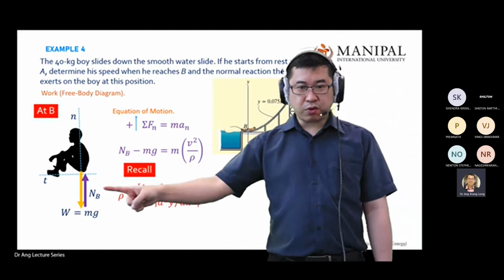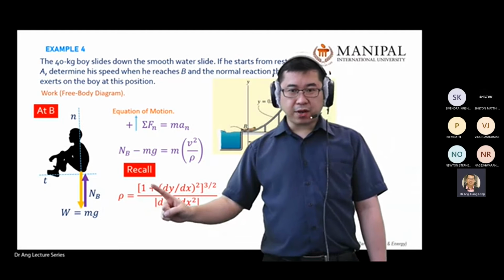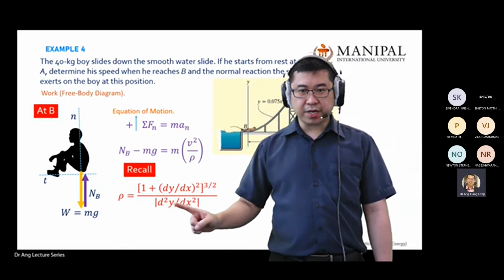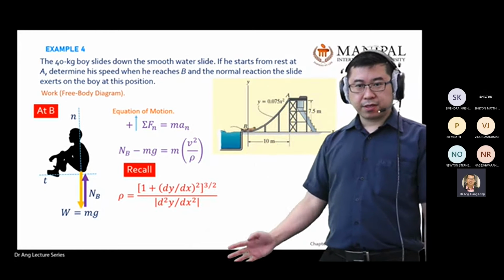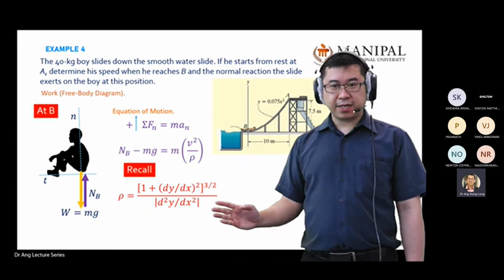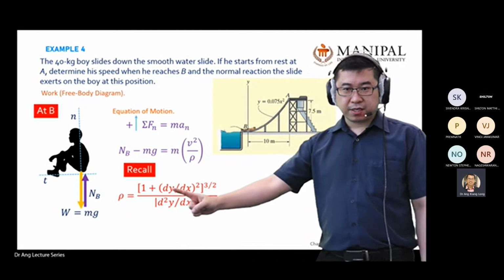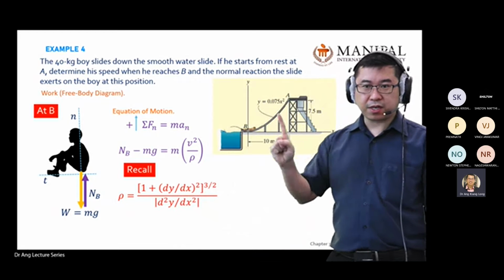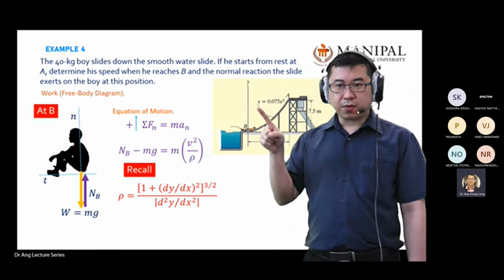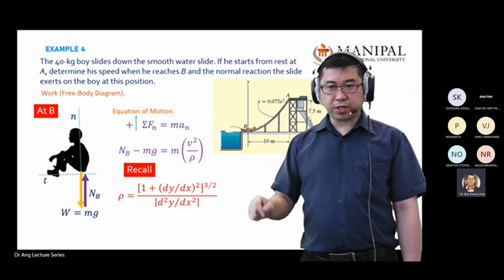Okay, there's an equation to calculate the radius of the curvature given by 1 plus and so on. We already explained how to get this one. So you calculate this one by differentiation. dy dx, you are given the equation of your curvilinear motion here, y equal to something x squared. So dy dx, you do the differentiation.